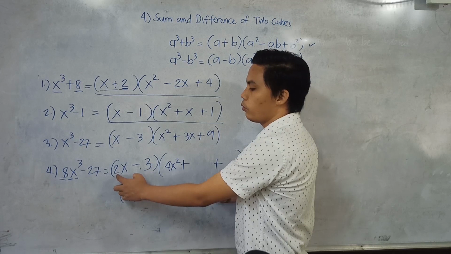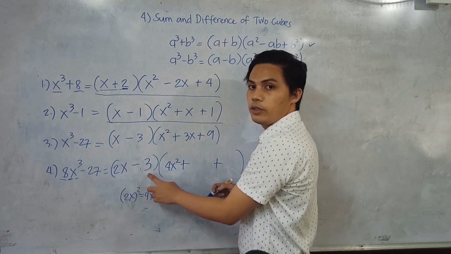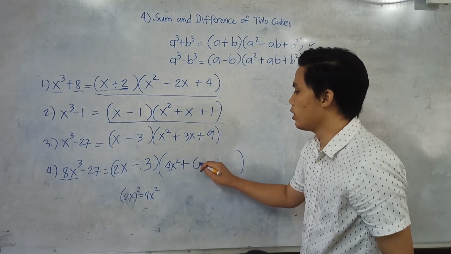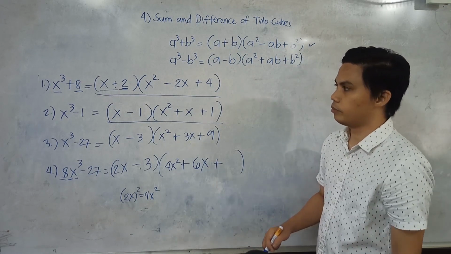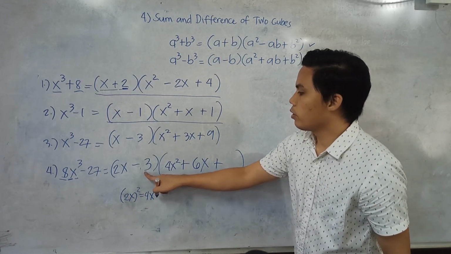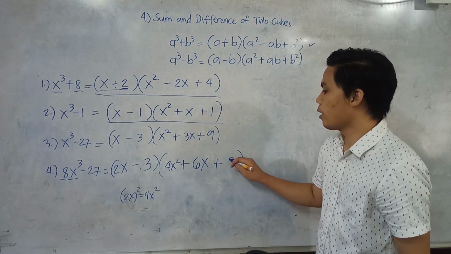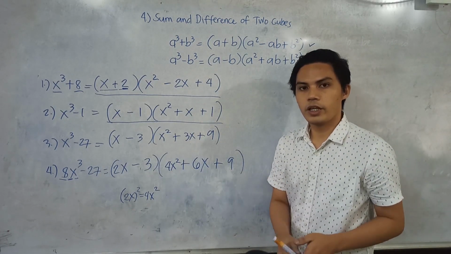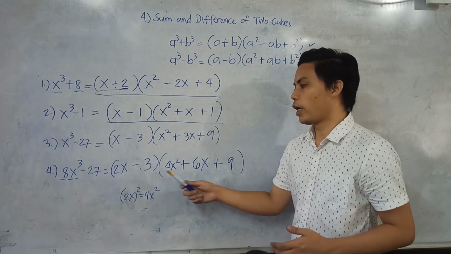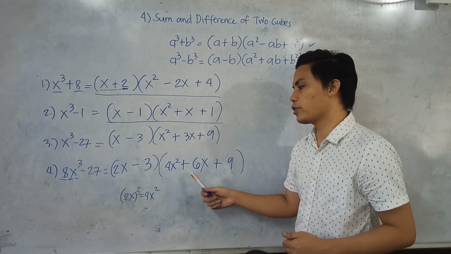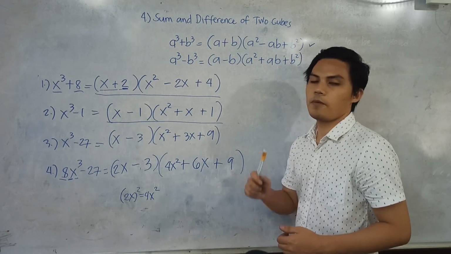Multiply the 2. 2x times 3. 2x times 3 is 6x. Okay. Square the last term. Square of 3 is 9. Therefore, the answer is the quantity 2x minus 3 times the quantity 4x squared plus 6x plus 9.